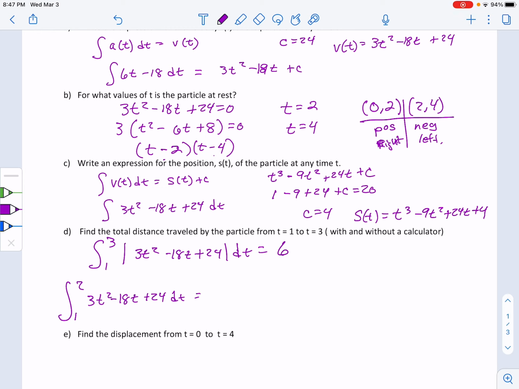So that equals t cubed minus 9t squared plus 24t from 1 to 2. Okay?